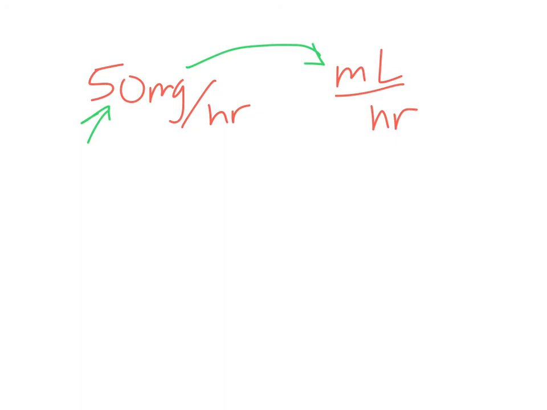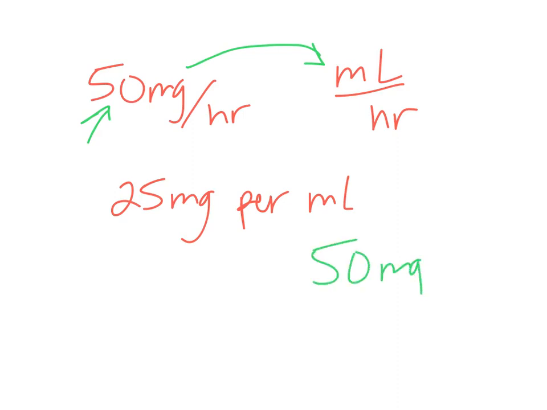So what's also going to be given to us in these particular questions is a supply dosage, meaning that it's going to tell us how this medication comes: it actually comes as 25 milligrams per milliliter of liquid.